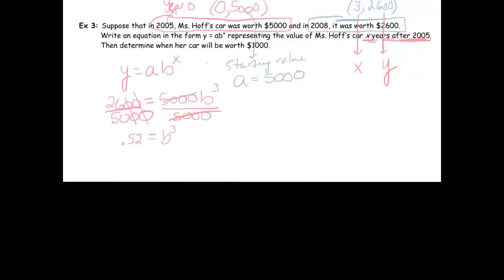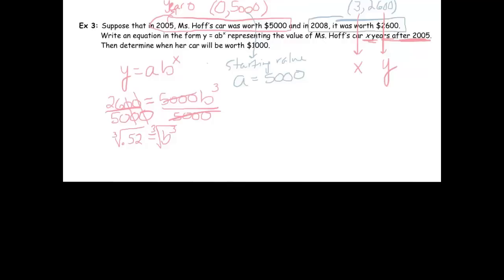All right, so now, how do I uncube something? Well, we did an example previous to this where we undid the 4th power, and we used that new button on our calculator called the x-th root button. So I'm going to take the root, but I'm going to make it the cube root this time, because cube rooting undoes cubing.